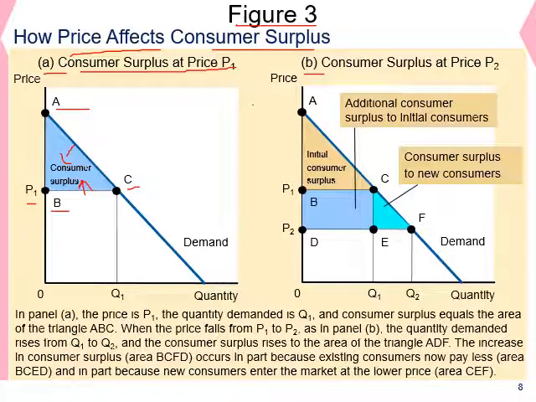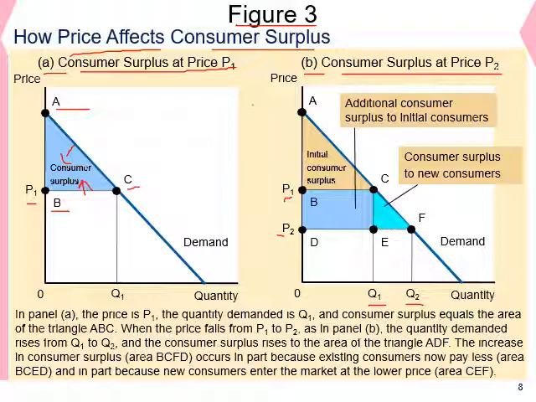In panel B, consider the consumer surplus at price P2. Because of the decrease in the price from P1 to P2, the quantity increases from Q1 to Q2.